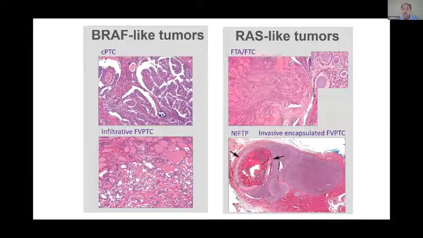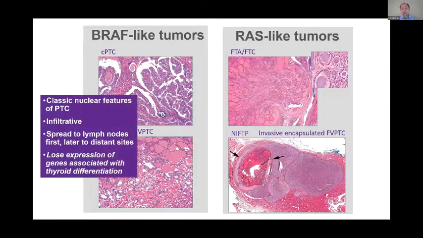BRAF-like tumors are classic papillary carcinomas and infiltrative follicular variant of PTC. You see it called follicular variant because it is composed mostly of follicles, but there is a highly irregular border because these are infiltrative tumors, and they also typically have BRAF V600E mutations.